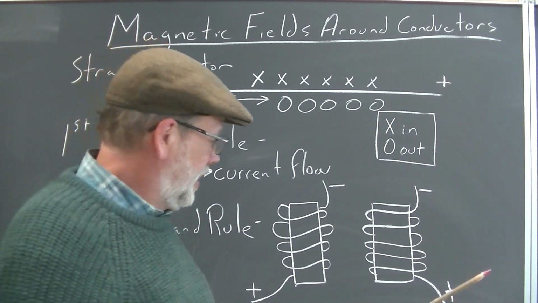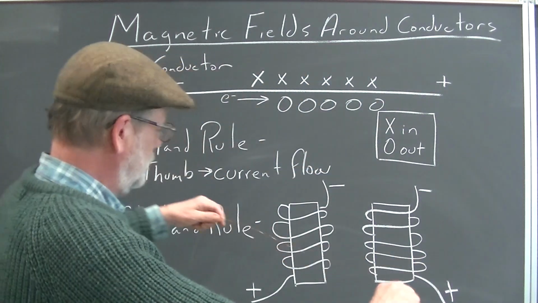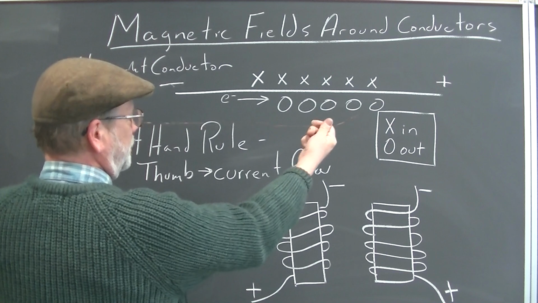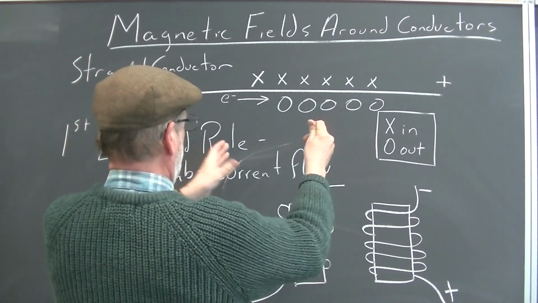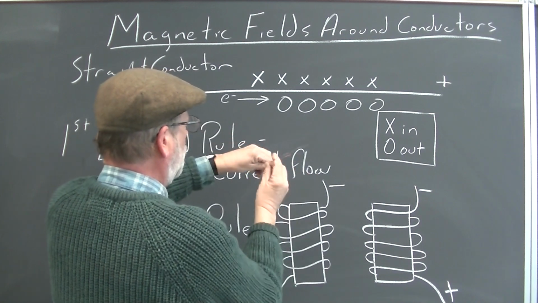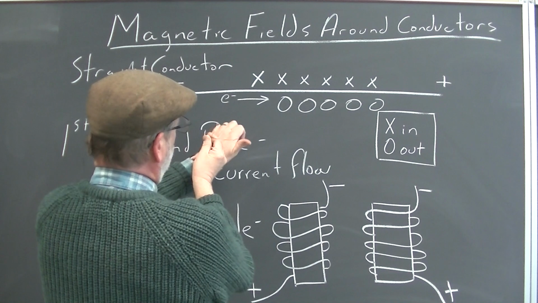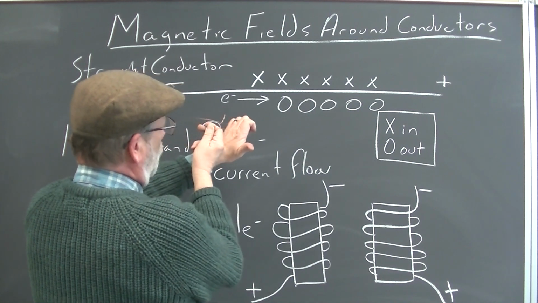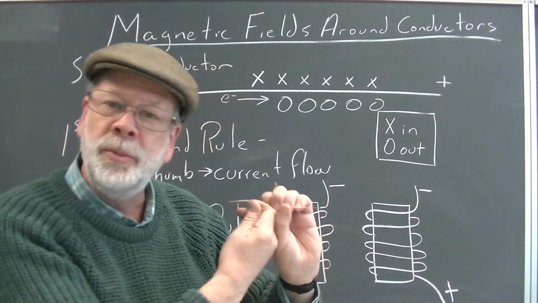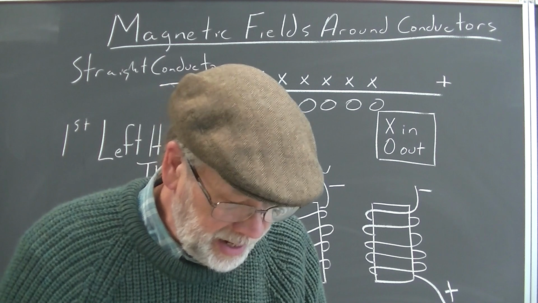But if you were to take that straight conductor and we have the current flowing this way, if that conductor was to be wrapped in a coil, well, now look at this. This is the way the current is flowing, and all around the inside, the magnetic field is flowing the same direction. Everywhere inside this coil, the magnetic field is flowing the same direction.